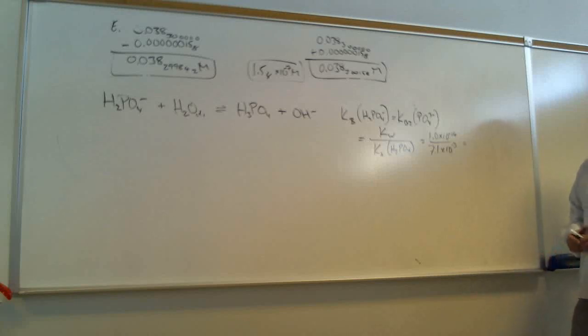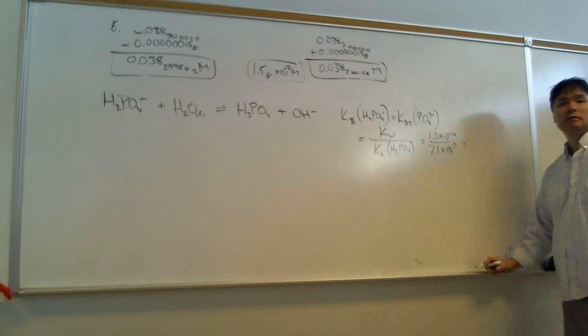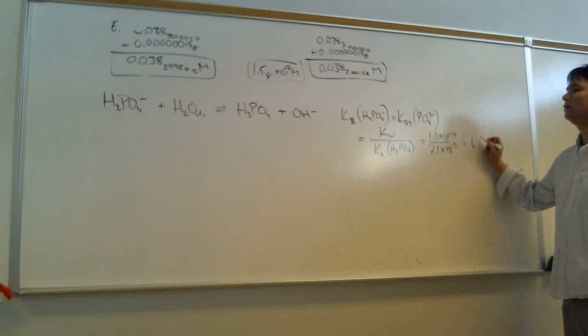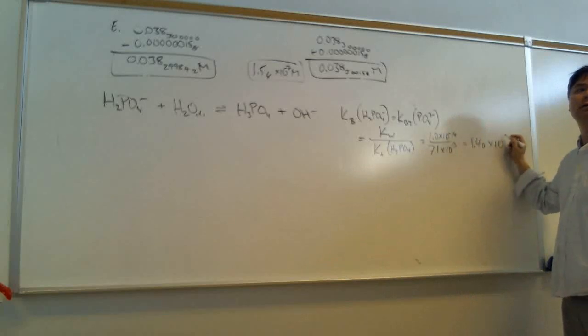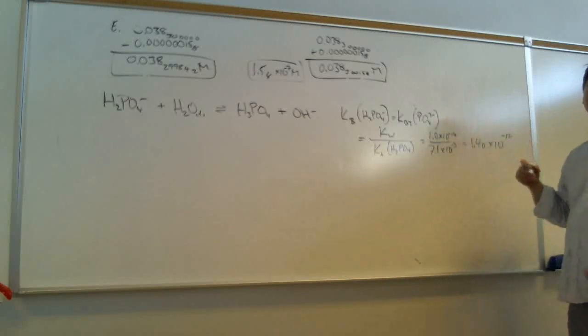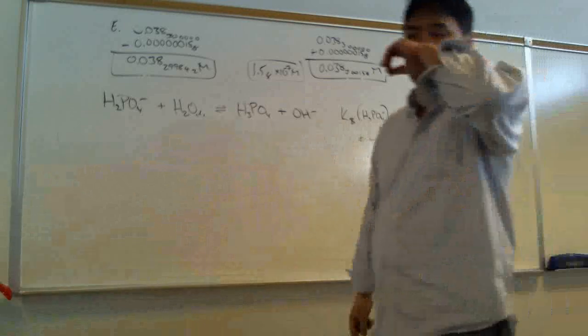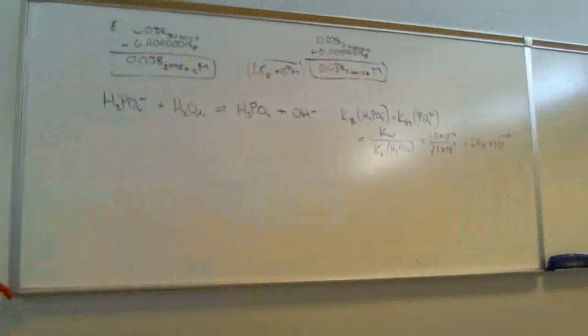So the Kb for this is 1.40 times 10 to the negative 12. We have to worry sometimes because, when we do it stepwise, what order do we go? We go from the largest K to the smallest K. In other words, from the largest hydroxide contributor to the smallest.